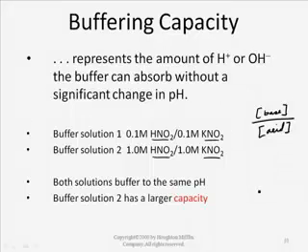However, the amount is going to determine how much of an acid or base could be added to this buffer and still have it buffer, or limit the change in pH. That's based on the amount present of each of the parts of the buffer. So that's the capacity. Our capacity would be different in these two solutions, even though they would be buffering to the same pH.